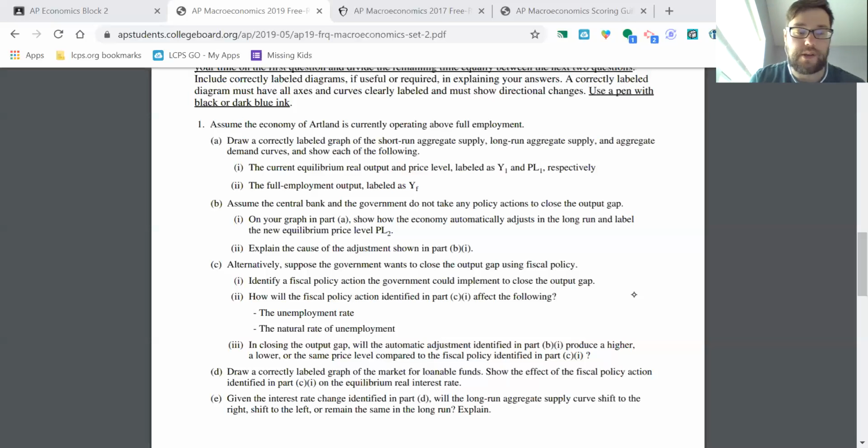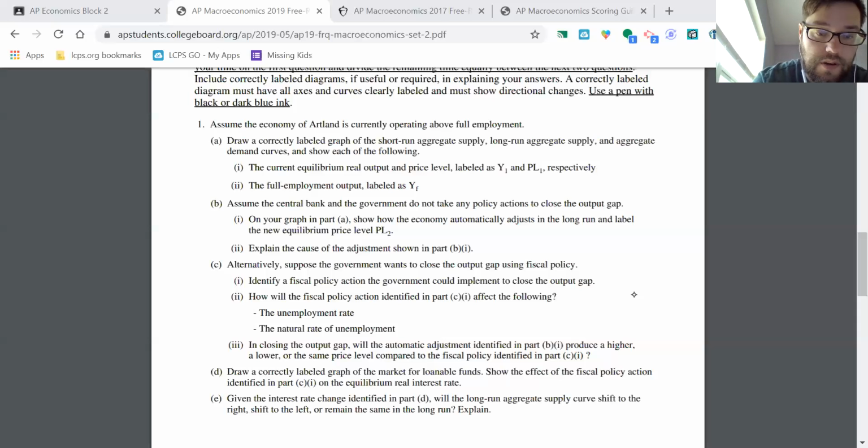And we said we were going to draw an inflationary gap situation, right? So output, we know, is above the full employment output level. So your long run aggregate supply is going to be somewhere off to the left of this intersection here, right? So long run aggregate supply.